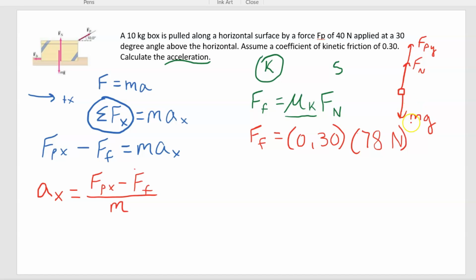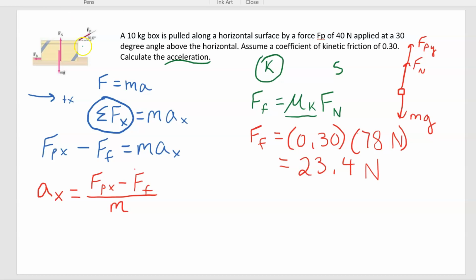Once again, if you don't know how we would calculate this, I suggest you look back at normal force and weight problems. If we multiply these two together, we get a nice numerical value for the friction force of 23.4 newtons. And that was our last missing piece of the puzzle here.